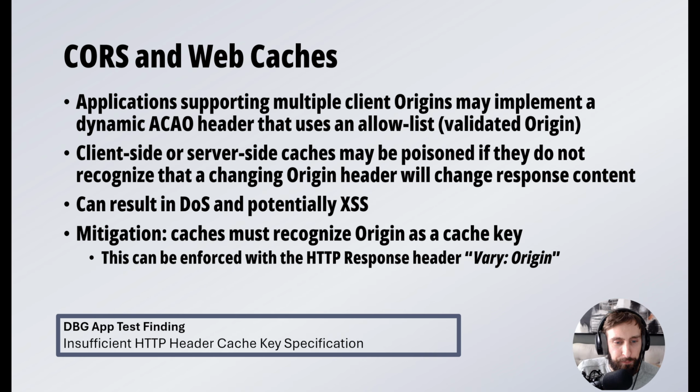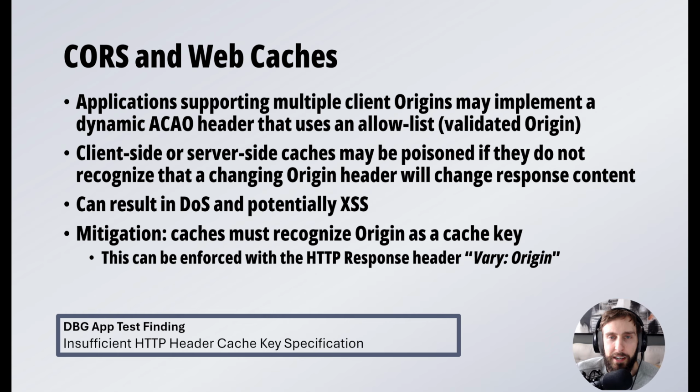There are other issues that can occur when we start to think about other systems working in conjunction with our applications and CORS. In particular, I'm talking about web caches. Applications that support multiple client origins are very likely to implement a dynamic ACAO header that uses an allow list, like a validated origin.